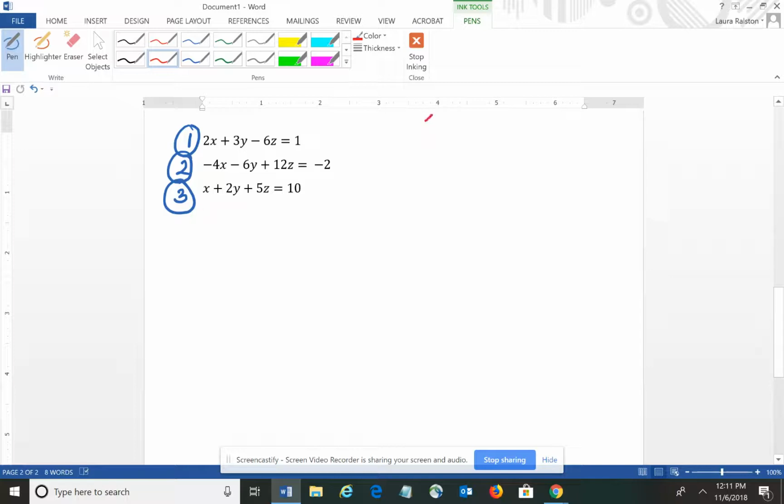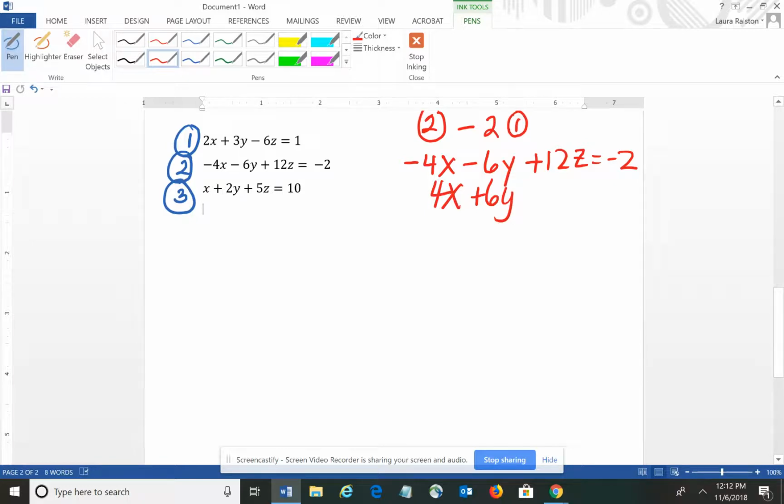I'm going to take equation 2, and I'm going to add 2 times equation 1. So I have negative 4x minus 6y plus 12z equals negative 2, plus, I'm going to add. 2 times 2x is 4x. 2 times 3y is 6y.